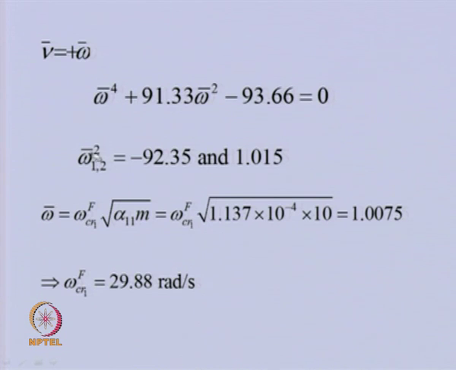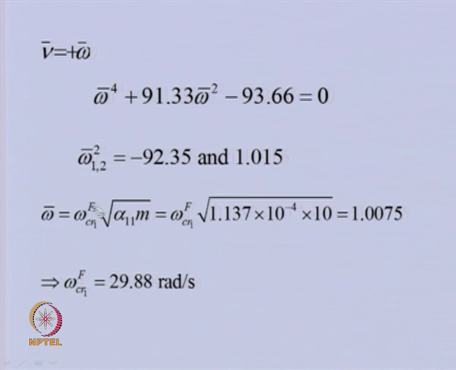So, it can be solved, but here one of the roots is coming negative. We have observed earlier also that only one of the forward critical speeds is feasible, and the other is not feasible. So, the feasible critical speed we can obtain, because we have defined the omega bar like this.